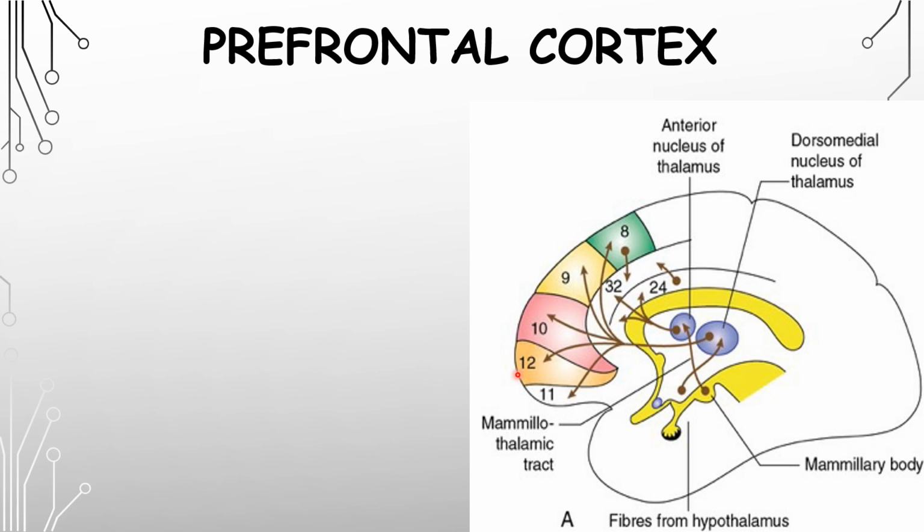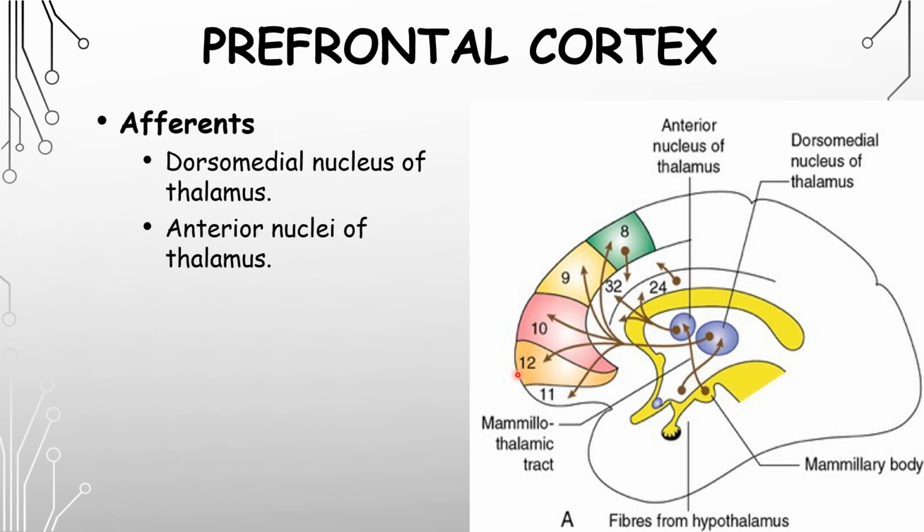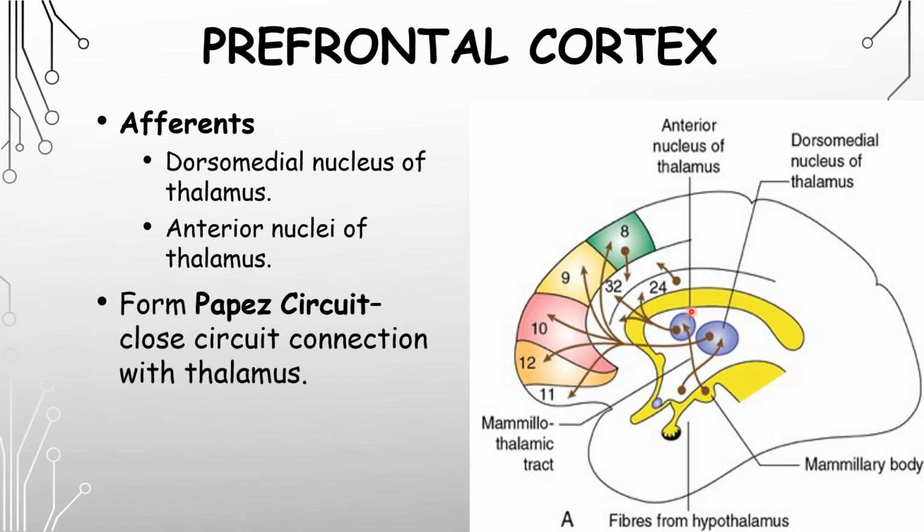So let us look into the afferents. The afferents come from the dorsomedial nuclei of the thalamus and the anterior nuclei of the thalamus, and also from the Papez circuit, which has a close circuit connection with the thalamus.